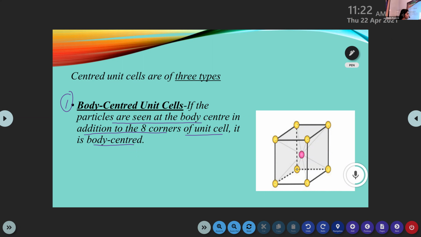Along with that, the body center, the center of that cube, is also occupied by one particle. So 8 corners plus 1, that is a body-centered unit cell. It comes under the classification of centered unit cells.